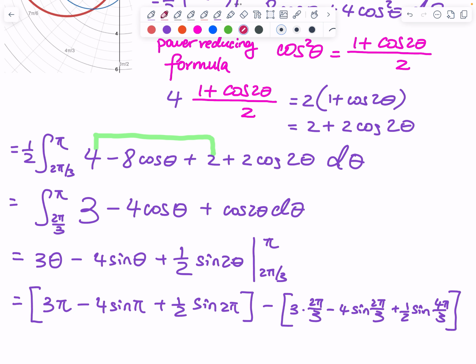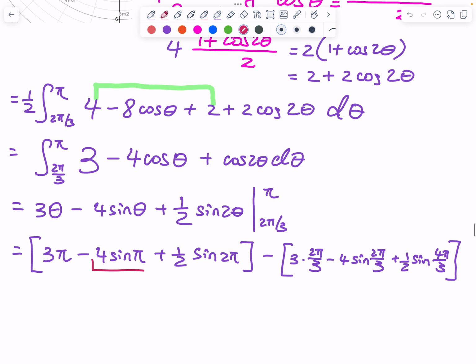I see something great, because sine pi and sine of 2 pi are all 0. Sine of 2 pi over 3 is root 3 over 2, and sine of 4 pi over 3 is negative root 3 over 2.